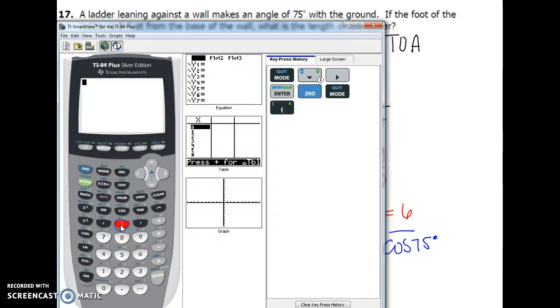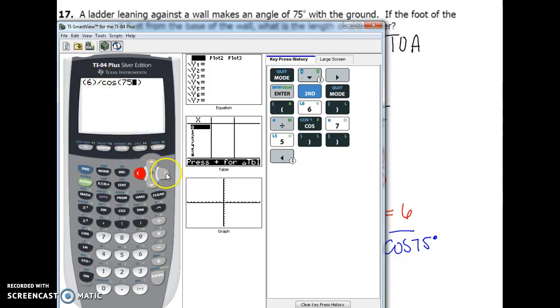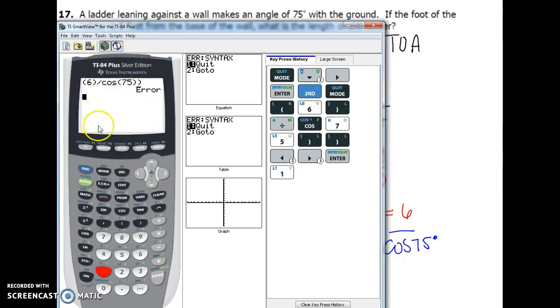So we're going to do parentheses, 6, close my parentheses, divided by the cosine of 75. Oh, no, it's not fine. This requires another parentheses right here, and that's what we did wrong.